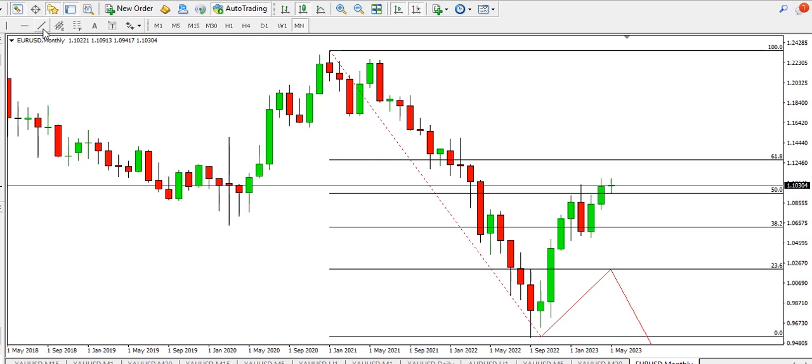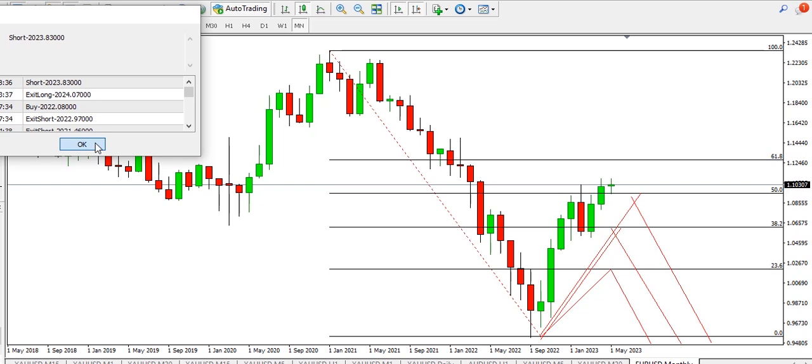But if it gets to the 38.2% and breaks structure, it's also a strong trend, but might not be as strong as the 23.6. If it gets to the 50% Fibonacci level and also breaks structure, it's also a strong trend, but might not be as strong as the 38 and the 23.